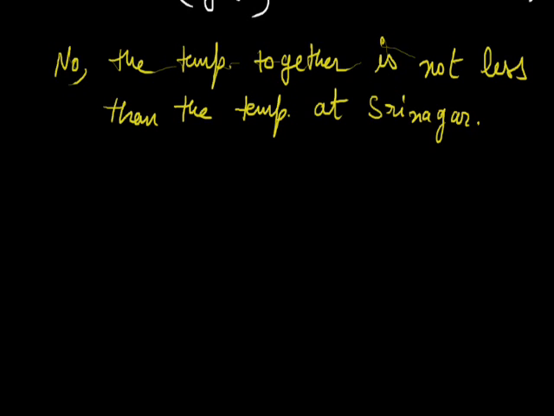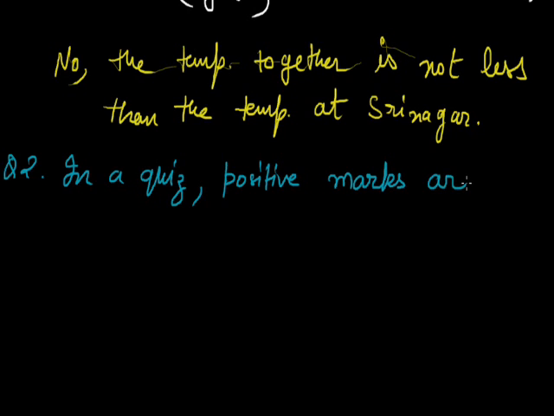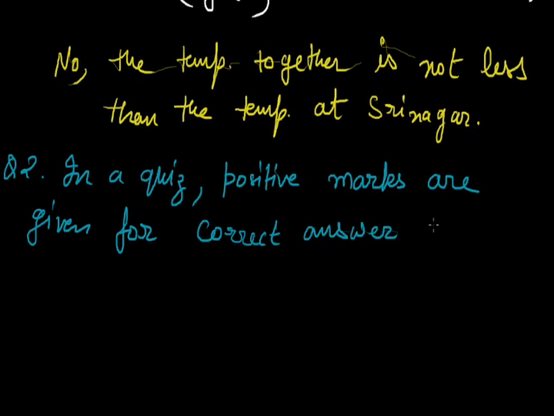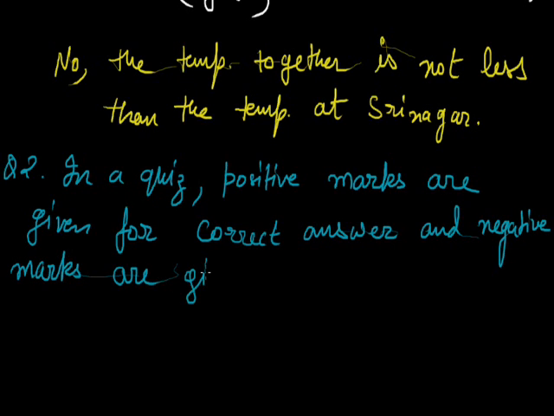Now the second question of the NCERT book is, in a quiz, positive marks are given for correct answer and negative marks are given for incorrect answers.